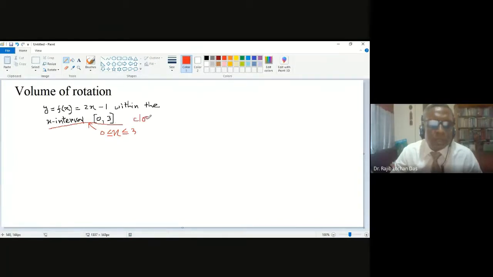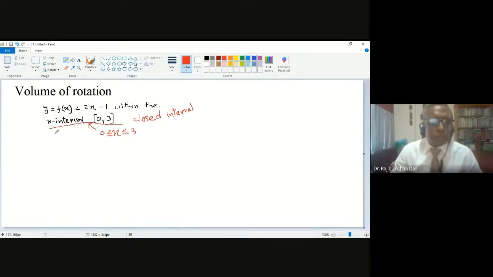Do you have any idea on this from other concepts? The first bracket thing is called an open interval, and the third bracket is a closed interval. So a closed interval means the boundary values 0 and 3 are included as the x value.